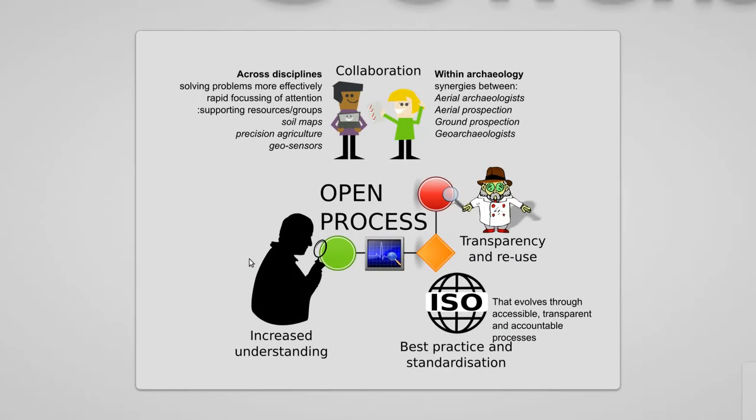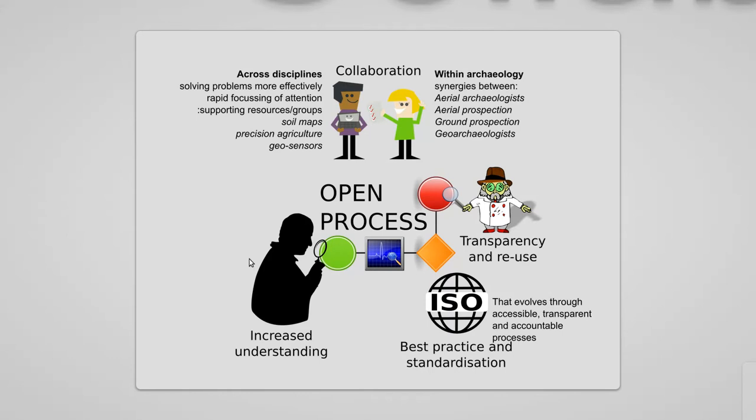We have open processes. At a basic level, that should increase understanding across the domain. It's about transparency and reuse. You can see exactly how we've transformed our raw data into our interpreted data. You can reuse those processes if you find them fit for purpose. This is actually revealing the stuff which is only really alluded to in the publication model. And it empowers a whole range of different collaborations, both across disciplines.